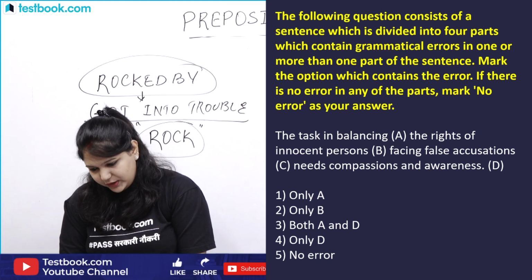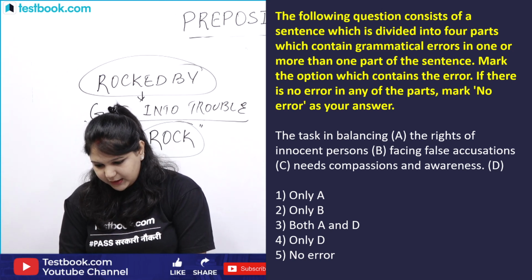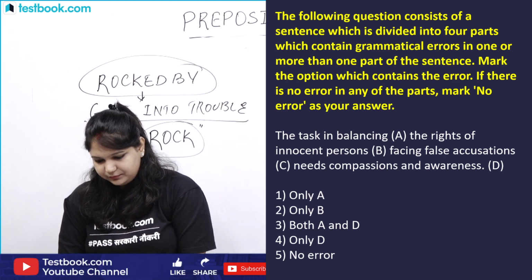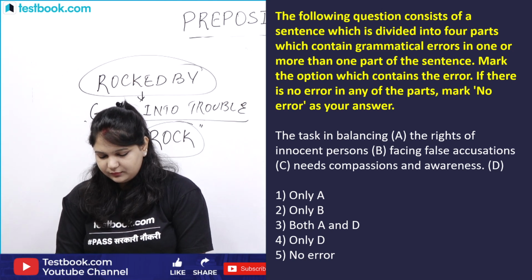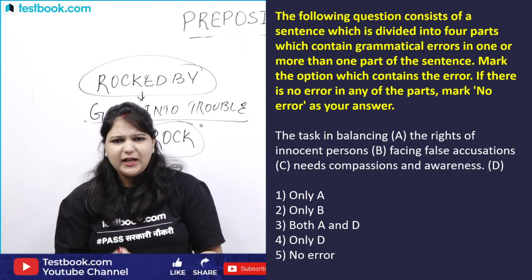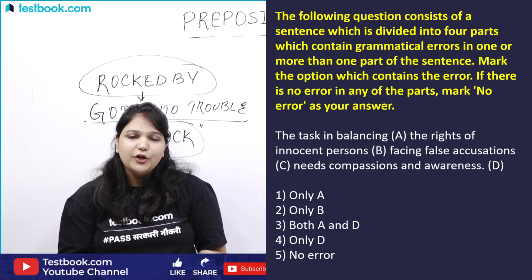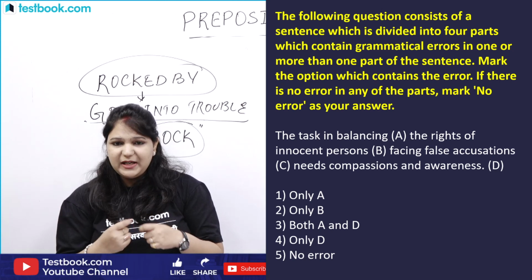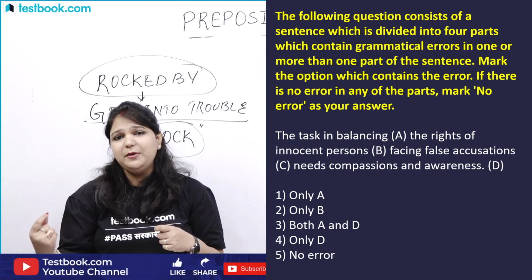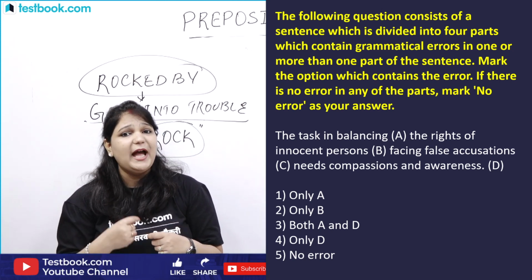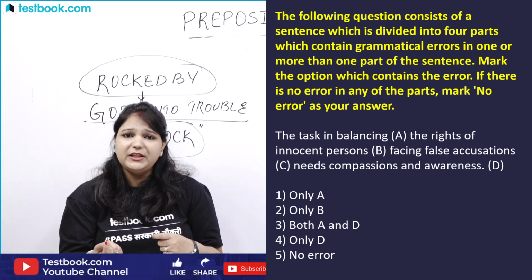Only A, only B. Okay. Don't be in a hurry, guys. If you find any error in part A, don't be in a hurry to put that option right, because just have a look. We have another option with A as well.